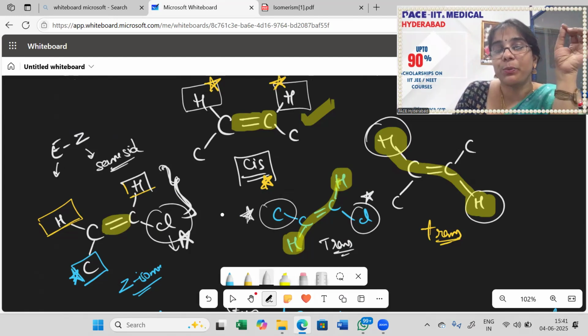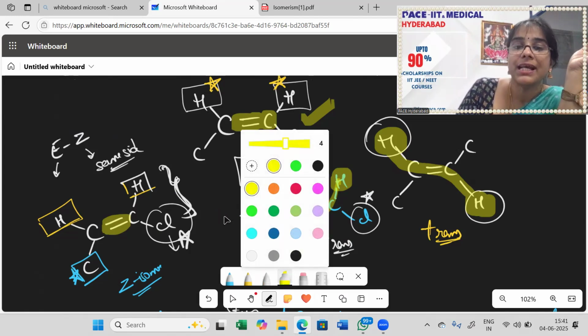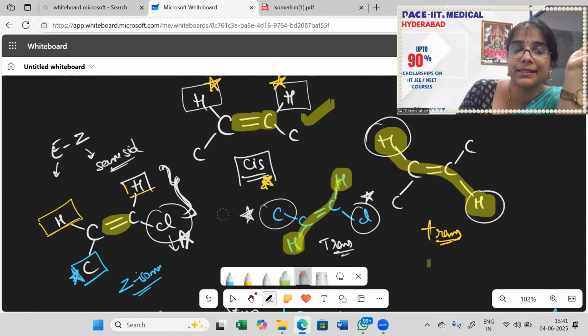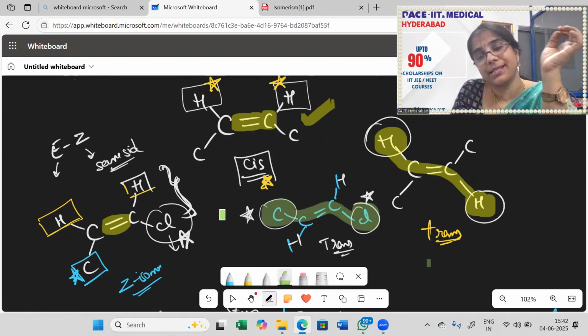So when my two heavy sides are on the opposite sides, or on the diagonal, I can show you this way, like diagonals here. I'm just trying to erase this part. Yeah, one second. You can see here the green one, this carbon, is on the diagonal to this chlorine.